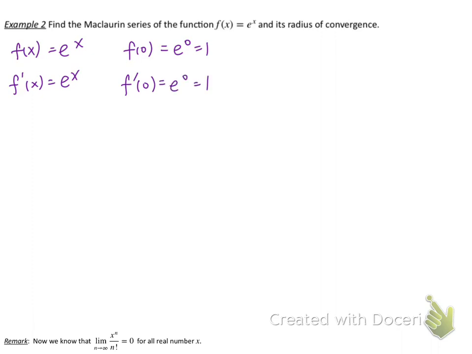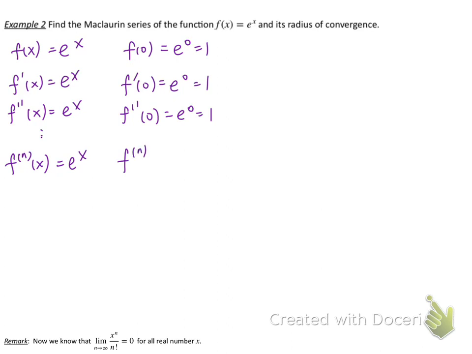If I take the second derivative, it will be the same function, so the second derivative at 0 will still be 1. I keep taking derivatives, I keep getting e to the x. So even if I reach the nth derivative, it is still e to the x, and the nth derivative of f at 0 will still be e to the 0th power, which is 1.